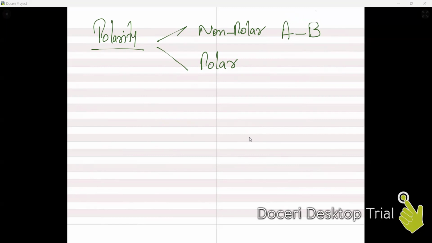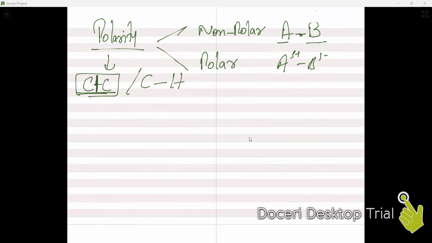That is the case when it's polar: it can be partial positive or partial negative. When it's non-polar, the electron is shared right at the center. When we are discussing carbon-carbon, the atoms are similar, meaning they have the same electronegativity, the same power, so the electrons are shared right at the center.